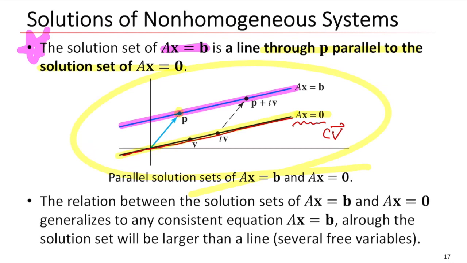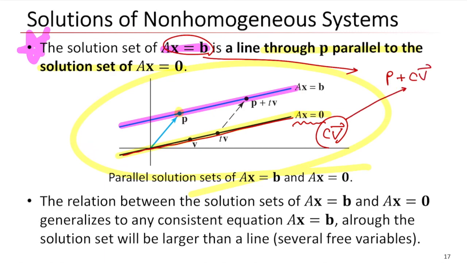Then what was the solution set of this one? Some arbitrary vector p plus the linear combination of the solution of Ax = 0, so p plus cv, right? So this is the solution of Ax = b, and it will be a line like this.